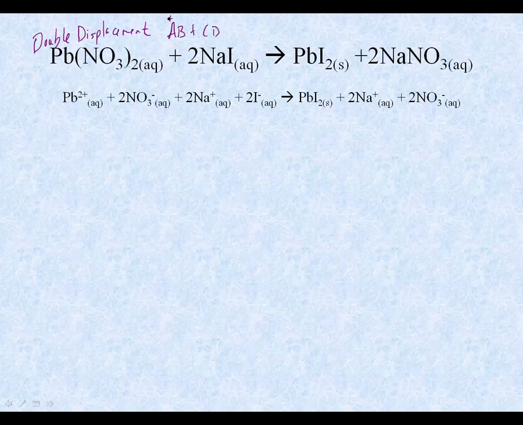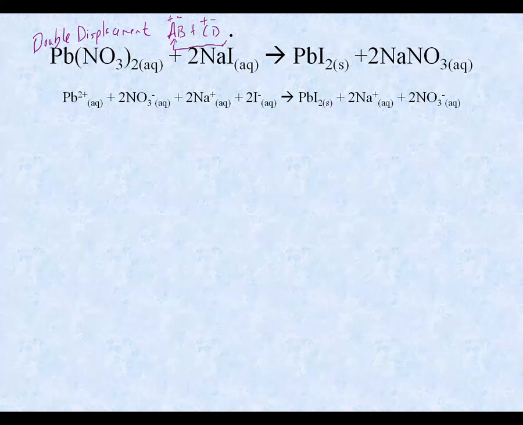You will see two ionic compounds. So a positive guy and a negative guy on one, and a positive and negative guy on the other. And essentially what will happen is the two positive guys will basically switch places.